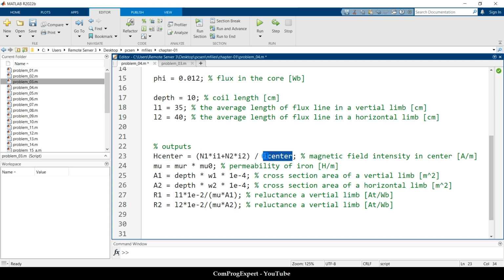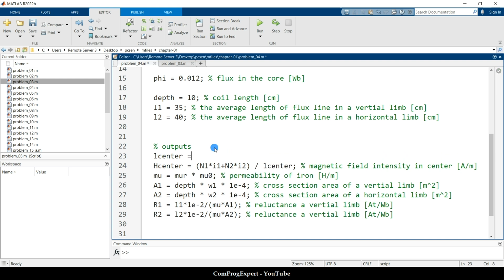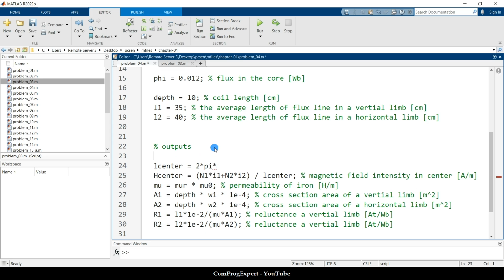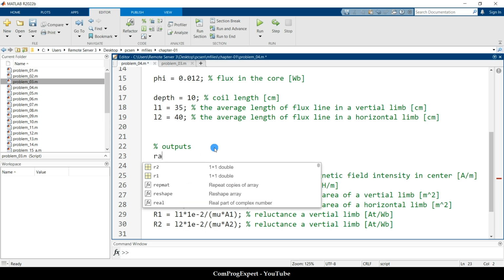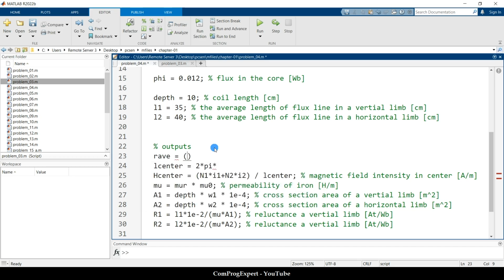The value of L center is equal to 2 times pi times R average. And this is the average radius. R average is R1 plus R2 divided by 2. Again, the unit is centimeter.